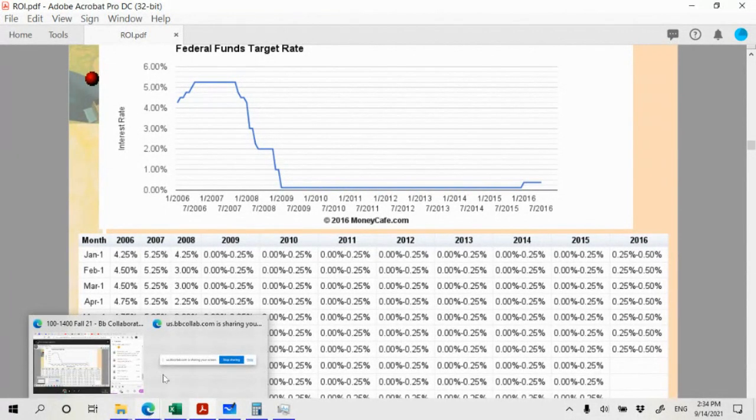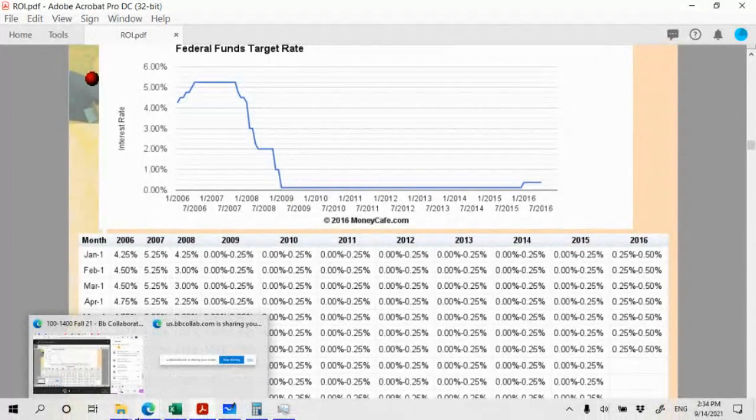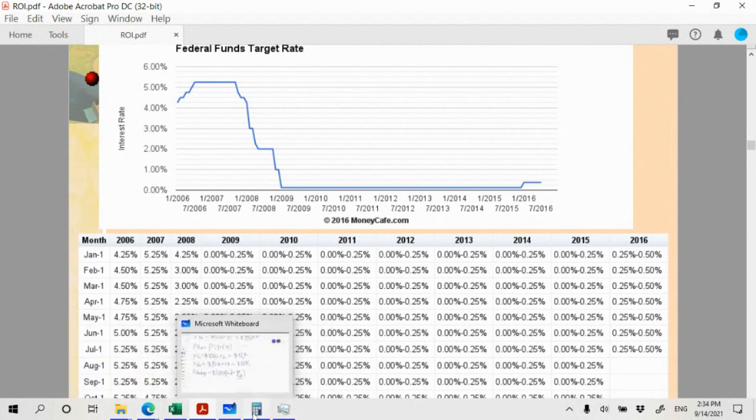So that's an indicator of their market dominance, market share. They were in an all-out war.